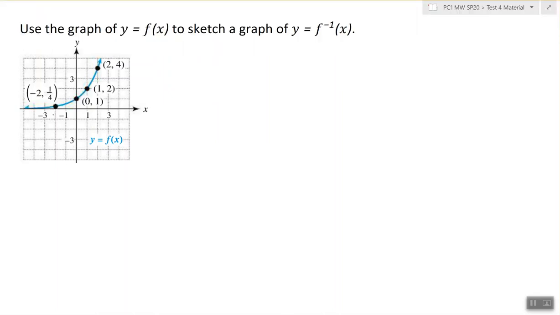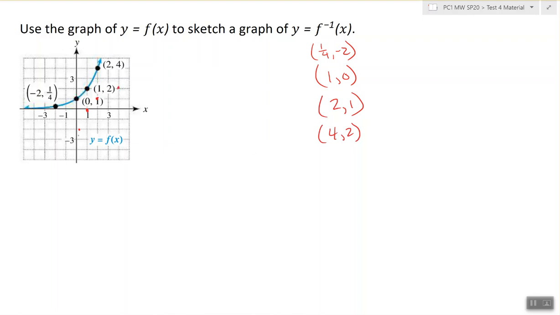This point of -2, 1/4 for the f graph becomes the point 1/4, -2. 0, 1 becomes the point 1, 0. 1, 2 becomes the point 2, 1. And 2, 4 becomes the point 4, 2.